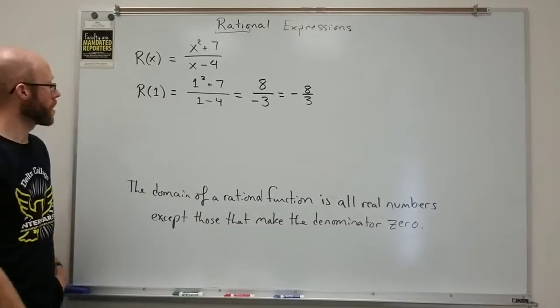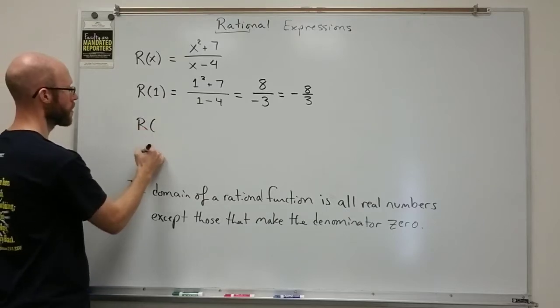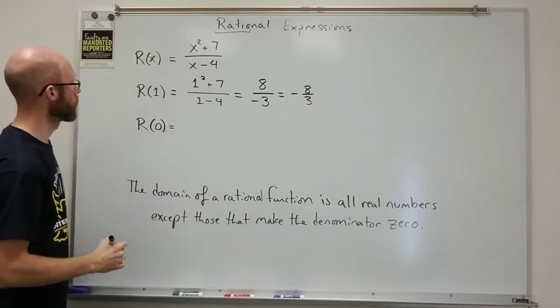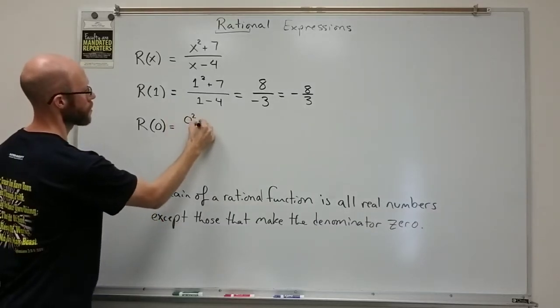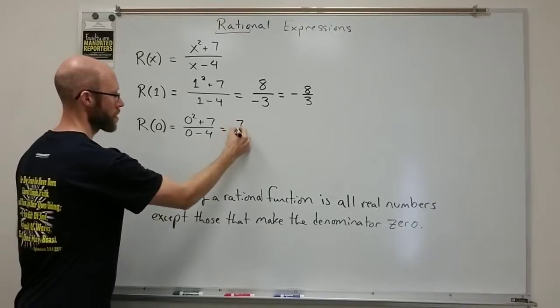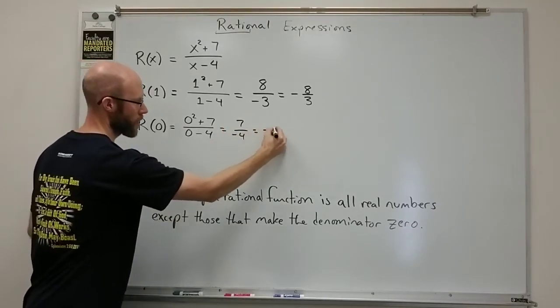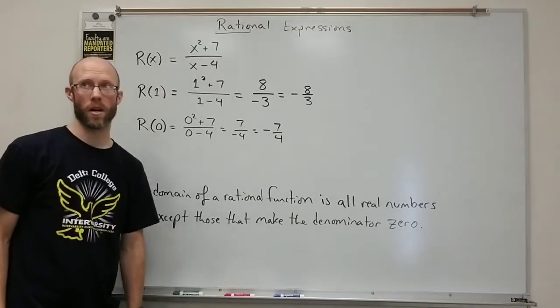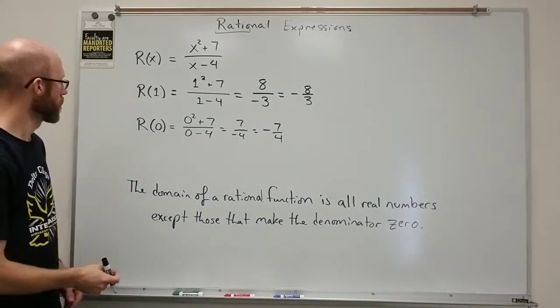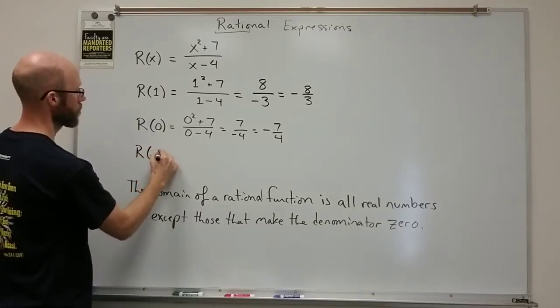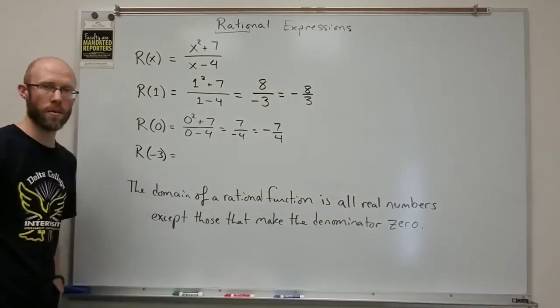Okay. You could try like R of 0. You could plug in a 0. If I plug in 0, I get (0 squared plus 7) over (0 minus 4), which is 7 over negative 4, or negative 7/4. Right? Same as negative 1 3/4. Or we could even do something like R of negative 3. Let's try that one.